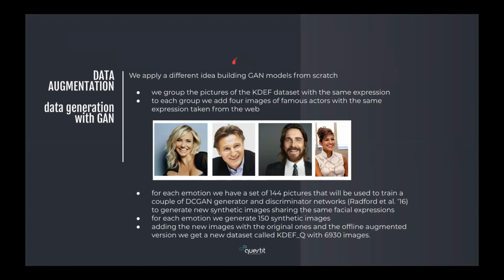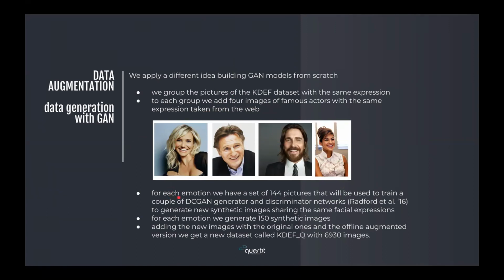To each group, we add 4 images of famous actors with the same expression taken from the web. For example, here we have the 4 pictures with happy faces that we add to the happy group, and so on.